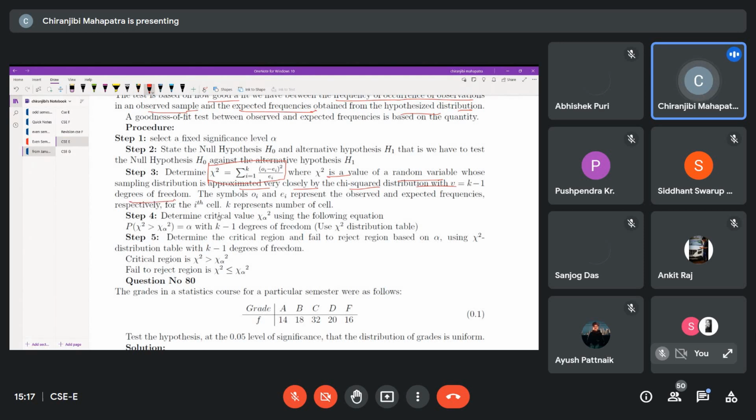The symbols OI and EI represent the observed and expected frequencies respectively for the ith cell, and k represents the number of cells. So what we do is observed frequency minus the expected frequency, subtract and then square it.